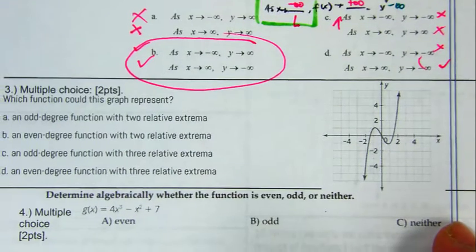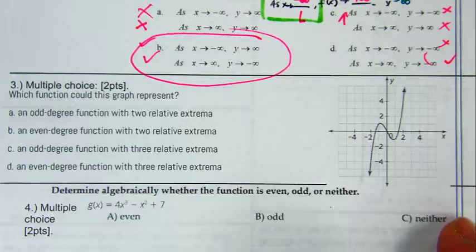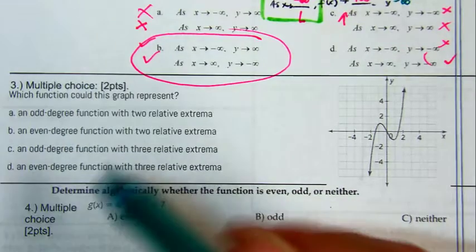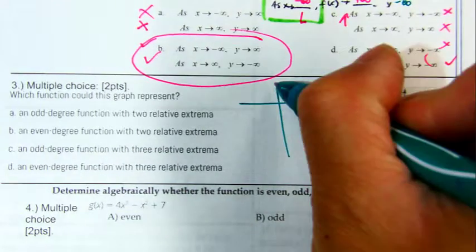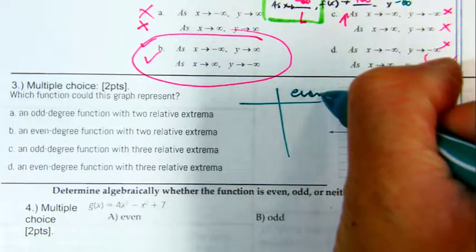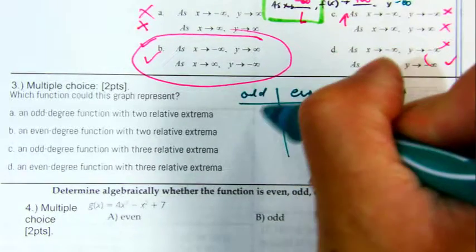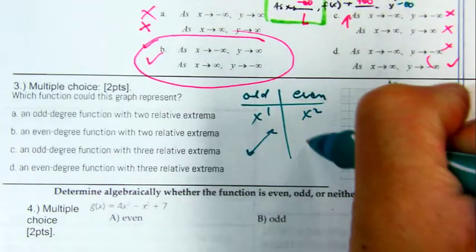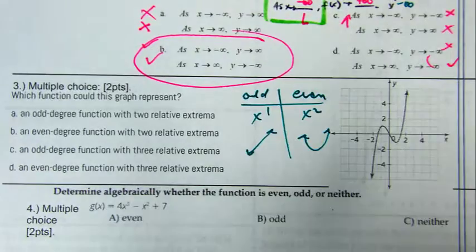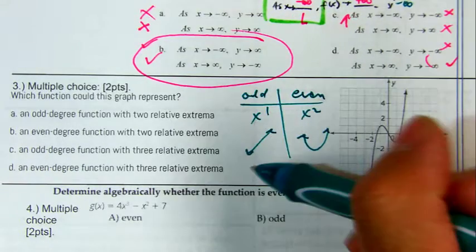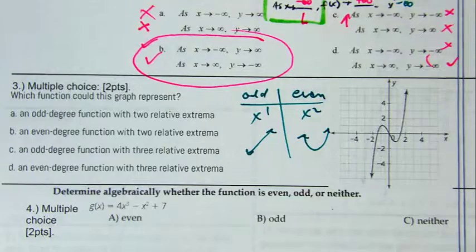Question number 3. Which function could this graph represent? So remember, you have evens and you have odds. If you look at my arrows, they're in different directions like this one, so it is going to be an odd.